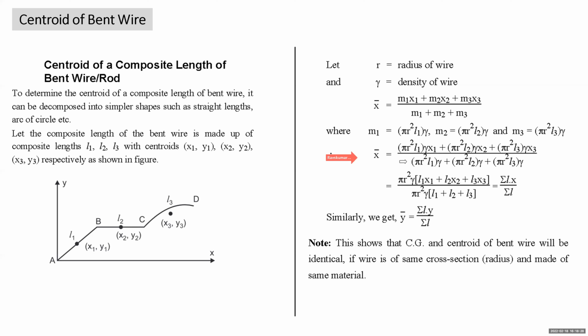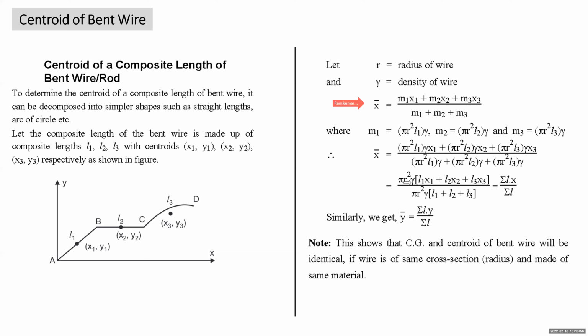Now, x bar. Substitute the values of M1, M2, M3 into this formula. Pi r square L1 into gamma x1, plus M2, pi r square L2 into gamma into x2, plus pi r square L3 gamma x3. Similarly, in the denominator, pi r square L1 gamma plus pi r square L2 gamma plus pi r square L3 gamma. Now, from the numerator and denominator, I can take common pi r square gamma.